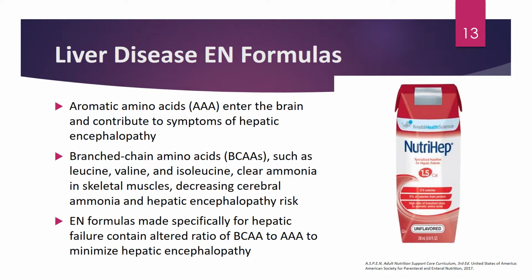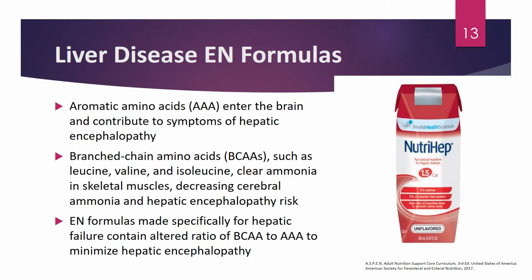And obviously, if you decrease ammonia, you decrease hepatic encephalopathy risk. So these formulas are made to basically contain specific amounts of branched-chain amino acids to aromatic amino acids. The aromatic amino acids are the bad amino acids in this case. And that helps potentially with hepatic encephalopathy.